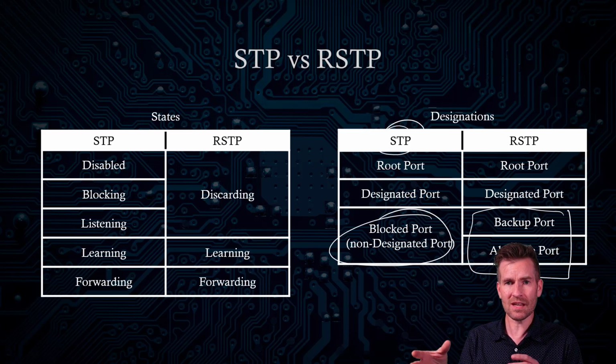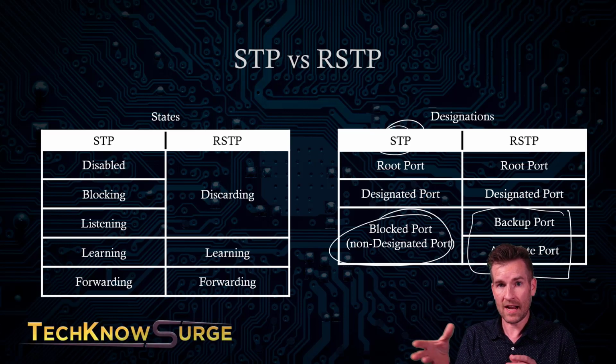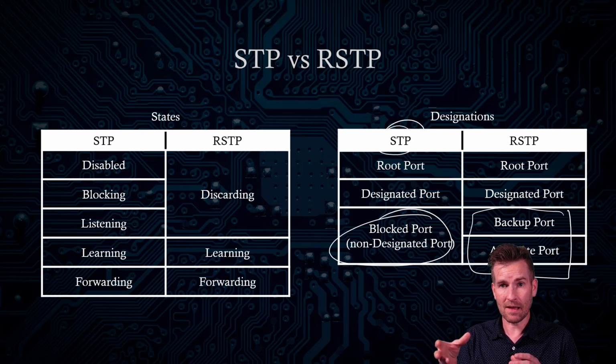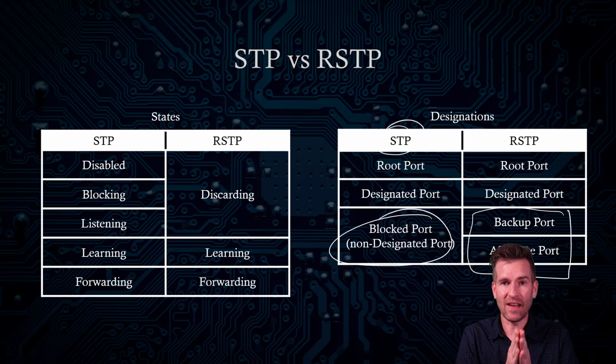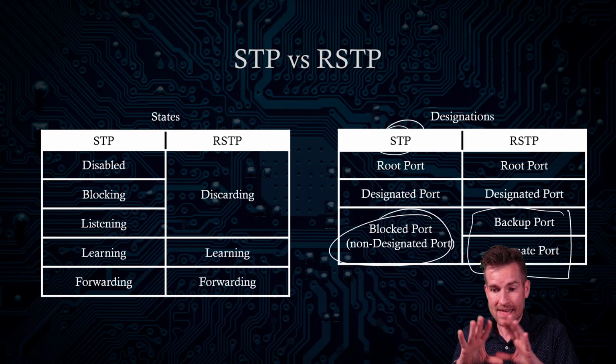Is it a switch on the other side, or is it some other server or some other device or resource? Because if it is an alternate port and there's a switch on the other side, then I can switch over to that alternate port much quicker. So the idea is that in the event of a failure, I can turn on that alternate port much quicker and have my network heal much faster.